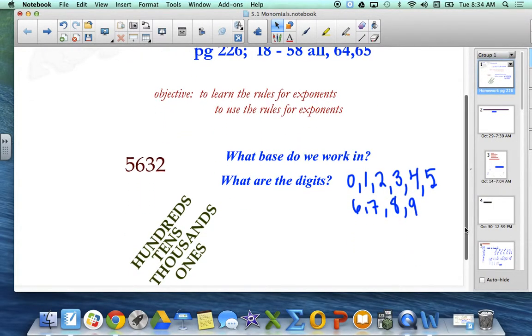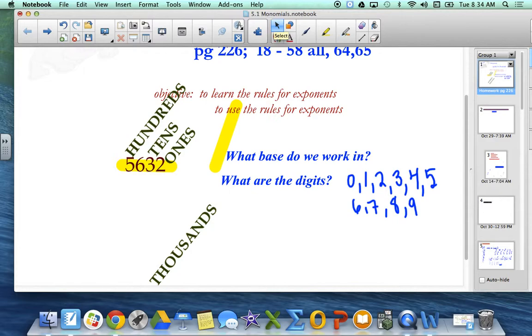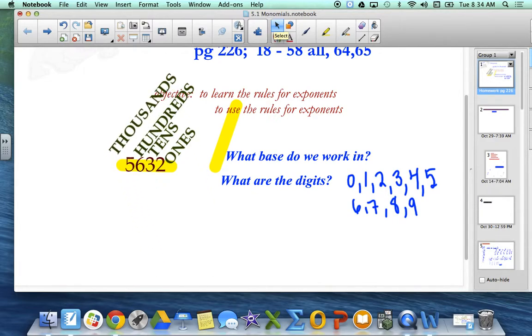All right, so the number that we have up here, which is 5,632, 2 is in the ones place, right? 3 is in the tens place, 6 is in the hundreds place, and 5 is in the thousands place.